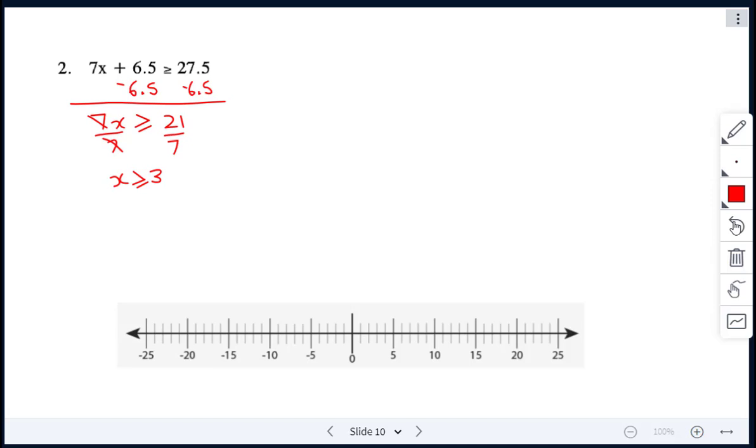The other method is at 3, you draw a straight line like this at 3, and then you point the arrow to the right. So it's a straight line to show the value is included. I'm just going to put the other method, which was the closed circle at 3, and it's filled in, and then point it to the right.